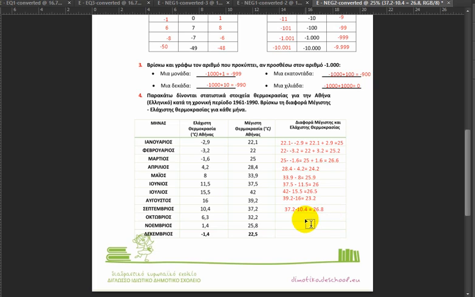Yes. Then 32.2 minus 6.3. And we get 25.9.